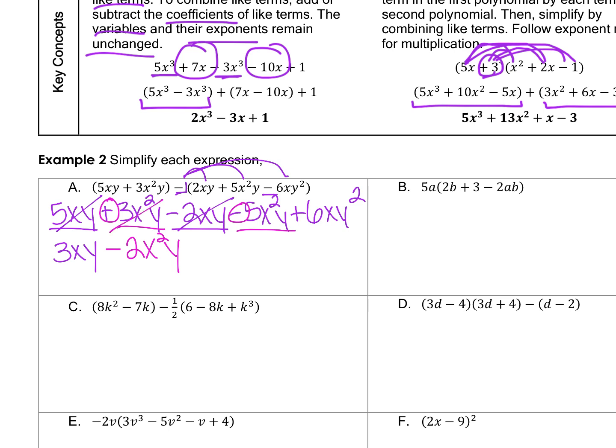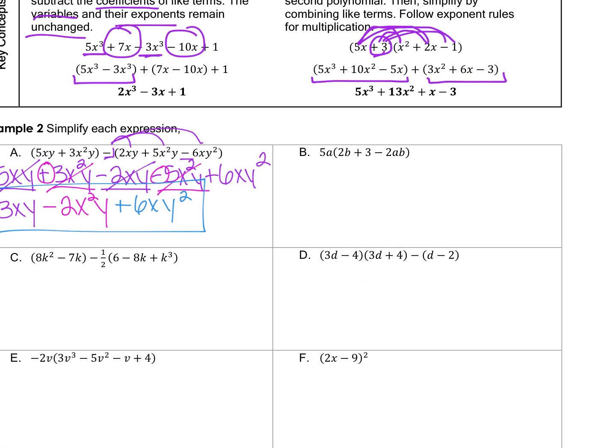So I've combined those two, and notice all we have left here is positive 6xy squared. So none of those are like terms anymore, so that would be my final answer. So remember, when you're adding and subtracting, they have to look exactly the same as far as your variable and your exponent.